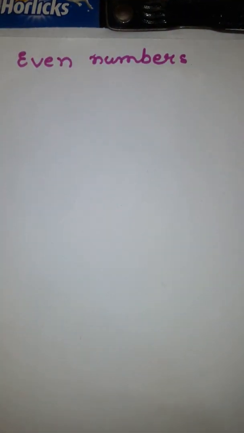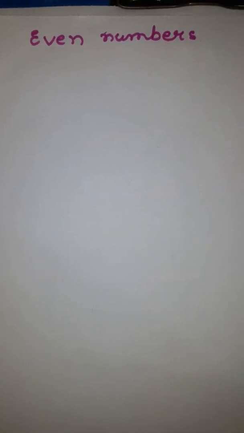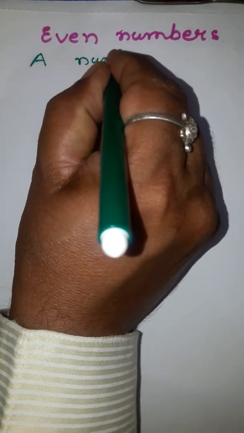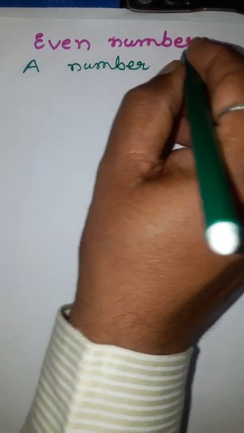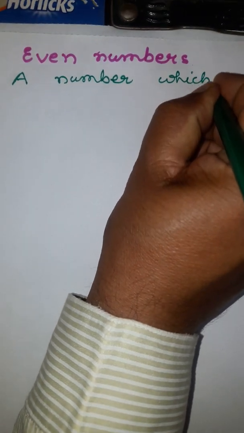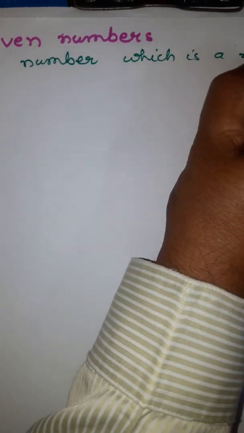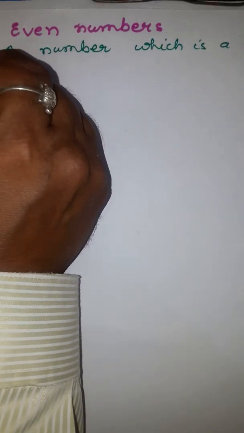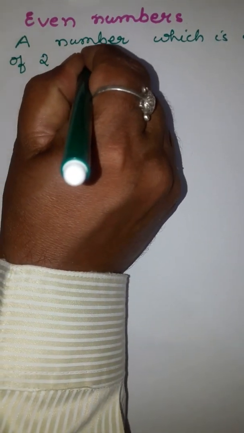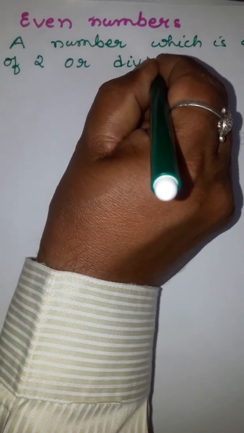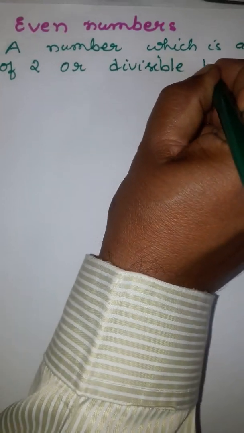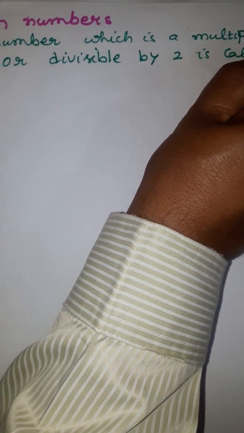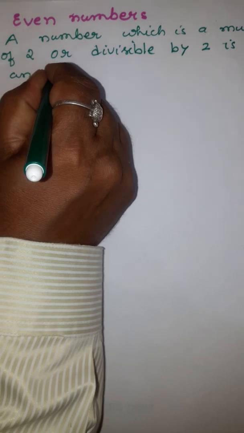So, what do you actually mean by even number? A number which is a multiple of 2 or divisible by 2 is called an even number.